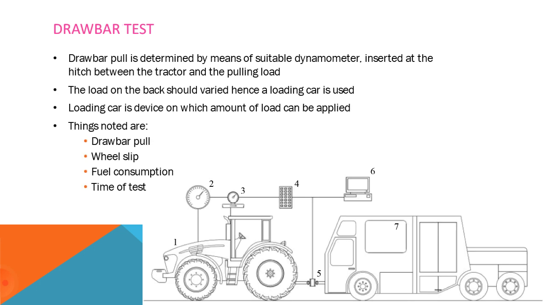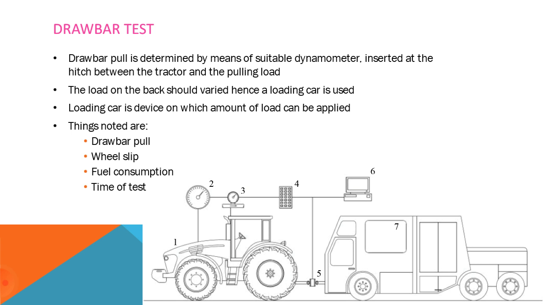Next is the drawbar test. The drawbar test measures how much load the tractor can pull. For that, we connect a loading cart to the rear side of the tractor, at the drawbar, not the 3-point linkage. The loading cart is a device used to vary the load given to the drawbar.